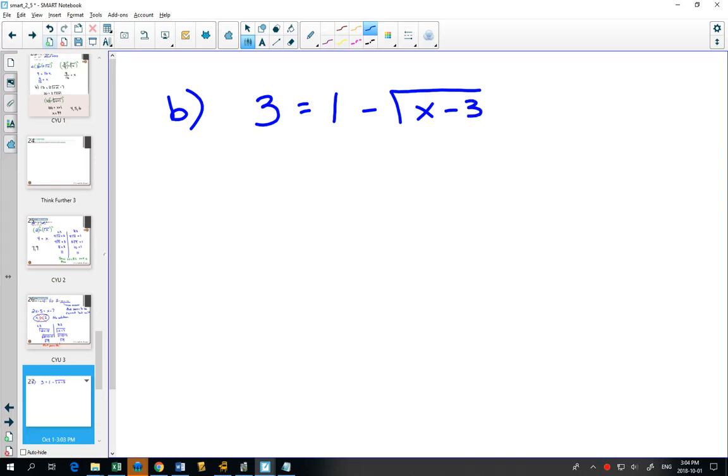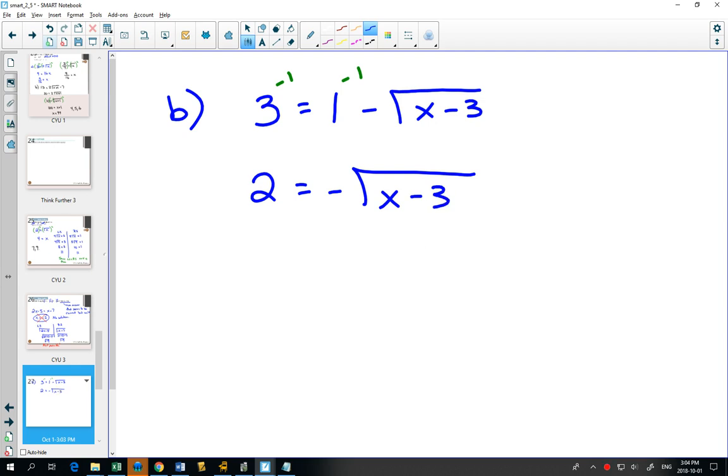Three is equal to 1 minus the square root of x minus 3. So if we were solving this one, we would need to get our square root by itself. Right now the square root is 1 minus this. So I could subtract 1 on both sides because these are like terms. That will give me 2 equals negative square root of x minus 3.